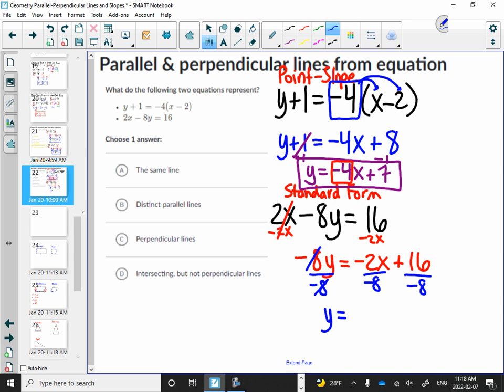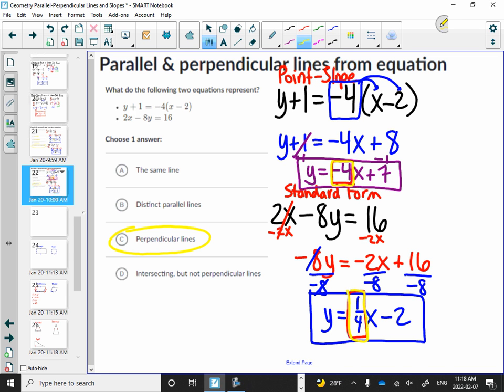So that's going to give me 1/4 x minus 2. Okay. What is my slope here? 1/4. Now, if you look at negative 4 and positive 1/4, what do we need to know about them? They're opposite and reciprocals, therefore we have perpendicular lines.